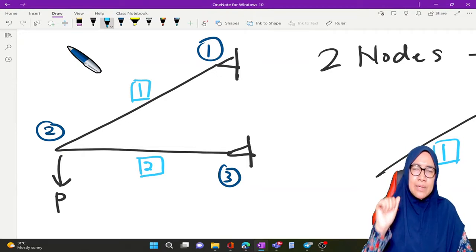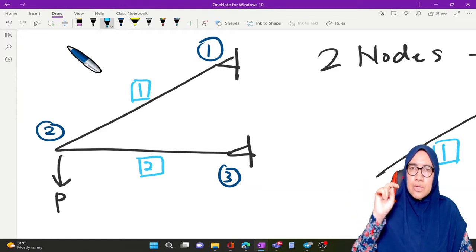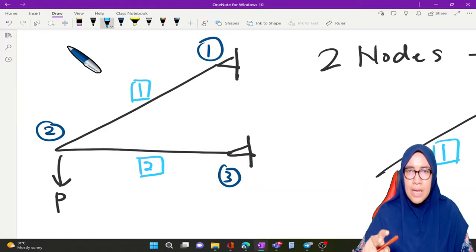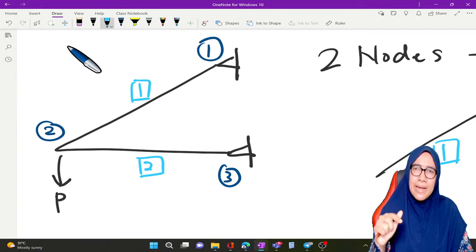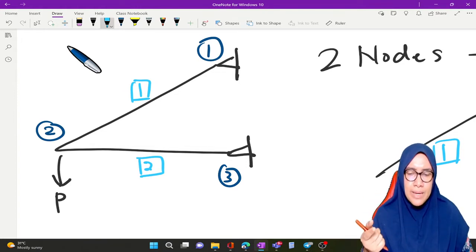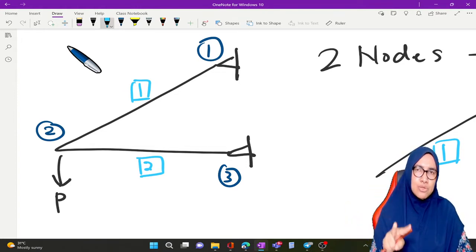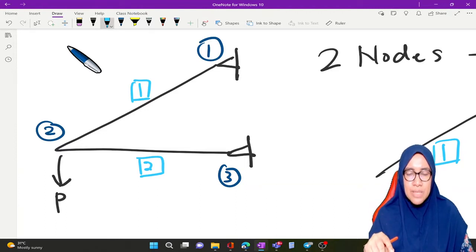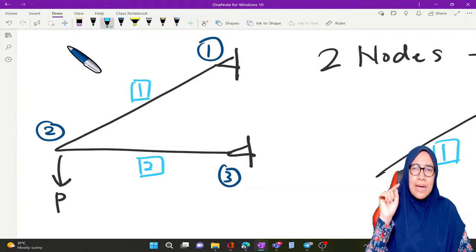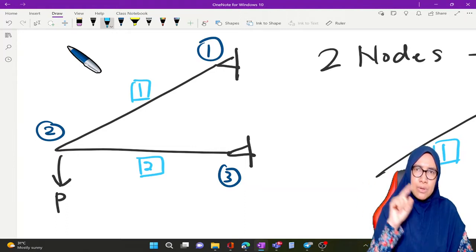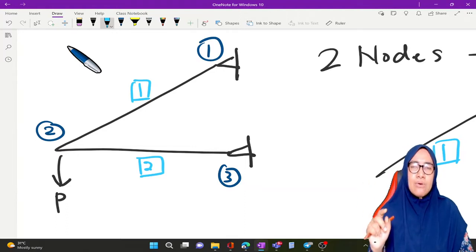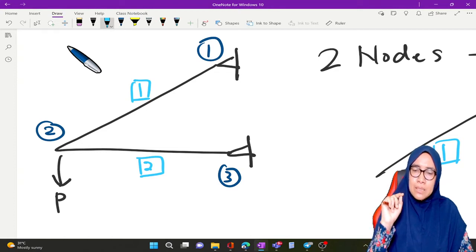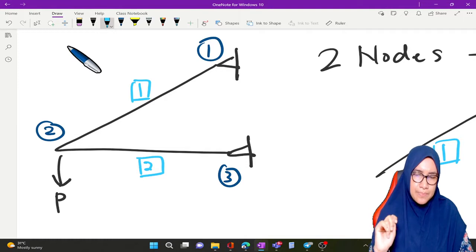Element number 1 combines node number 2 and node number 1. And element number 2 combines node number 2 and node number 3.